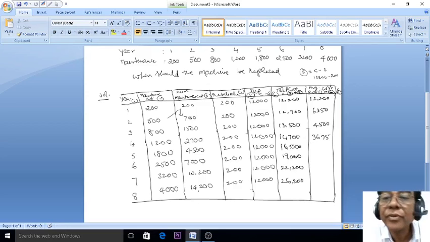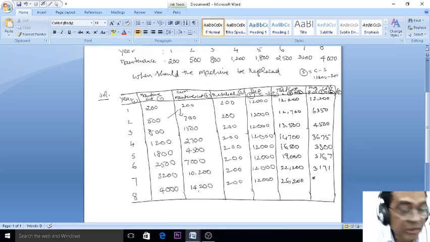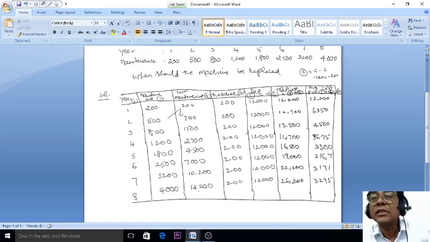And the next, 16,500 divided by 5, 3,300. The next one is 3,167, the next 3,171, next 3,275. So the seventh column values are the sixth column values divided by first column values. That gives average cost per annum.